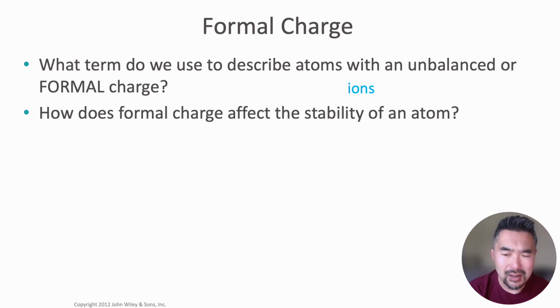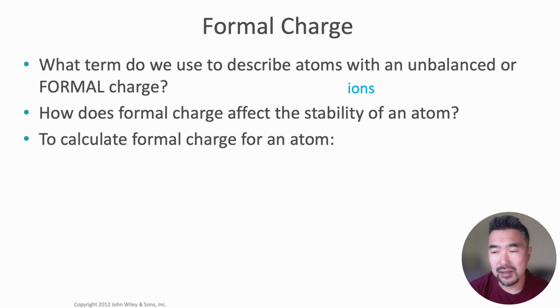And within an ion structure, the actual charge might be localized on an atom, and that's what we call formal charge. Okay, and usually the atom having a formal charge means that's sort of the reactive atom, as in it's not a stable atom.